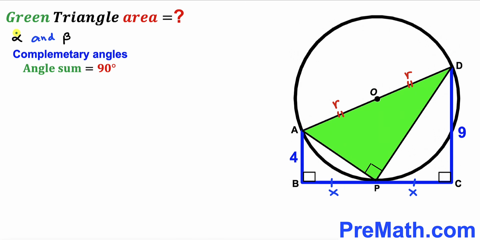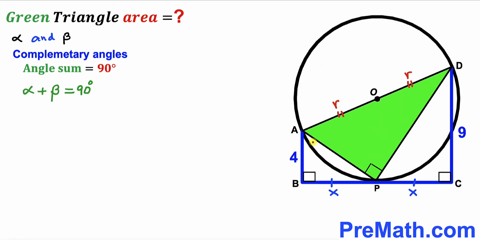And now let's assume alpha and beta are our two complementary angles. In other words, the sum of these angles, alpha plus beta, must be equal to 90 degrees. And now we are going to focus on these two right triangles, this right triangle ABP and this other right triangle DCP.